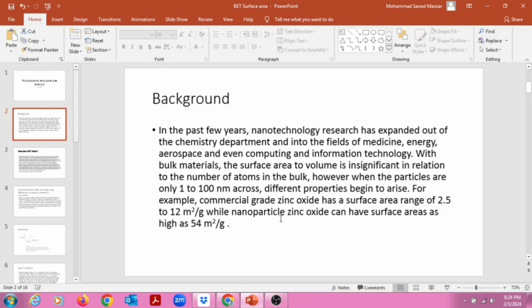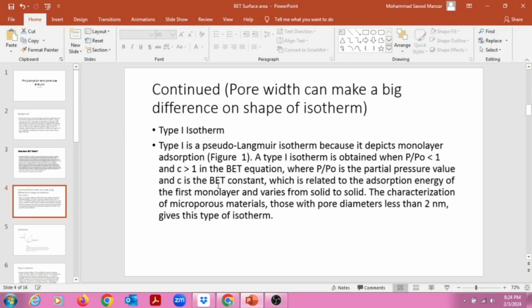We also see commercial graphene or activated carbon, whose surface area can go to more than 500 or even more than 1000. Now the pore width and the pore volume can make a much bigger difference in the case of BET.